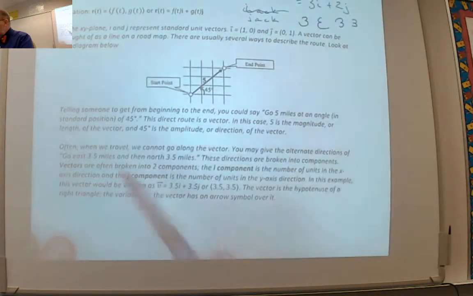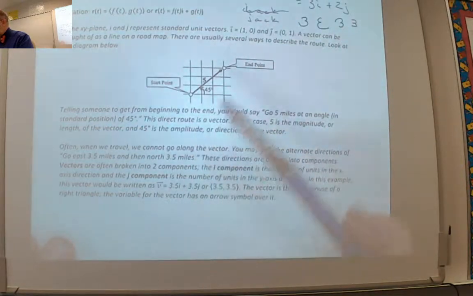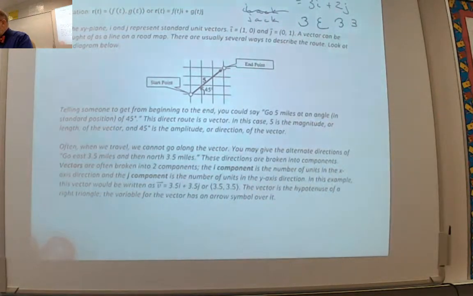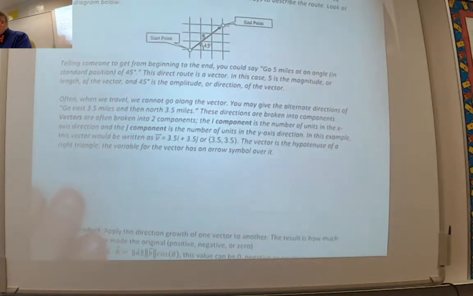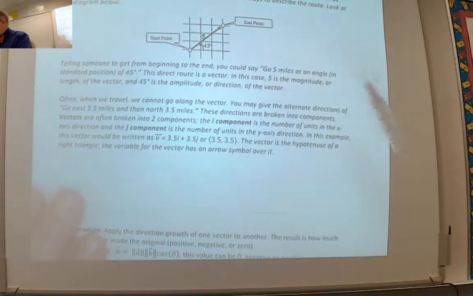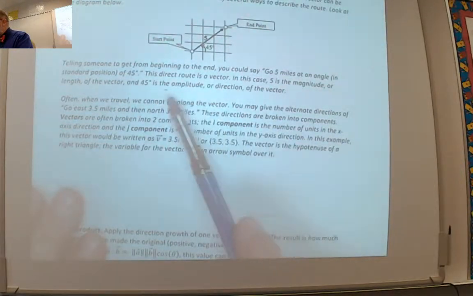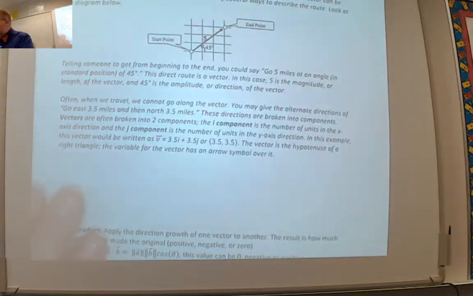Telling someone to get from the beginning to the end, you could say go 5 miles at an angle of 45 degrees. This direct route is the vector. In this case, 5 is the magnitude because that would be the length of the route going that way. And 45 degrees is the amplitude or the direction. So that angle measurement is called amplitude.